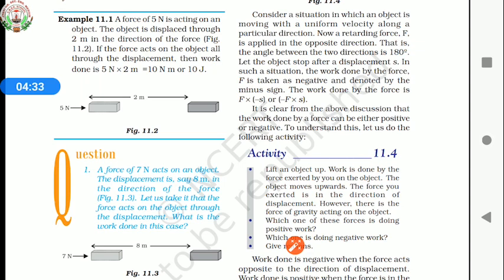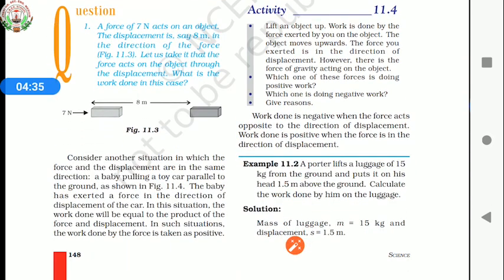Let us solve another question. That is example number 2 of your NCERT textbook. A porter lifts a luggage of 15 kg from the ground and puts it on his head 1.5 meter above the ground.